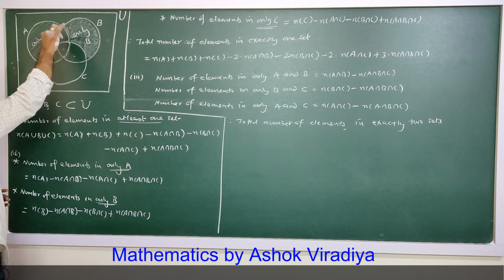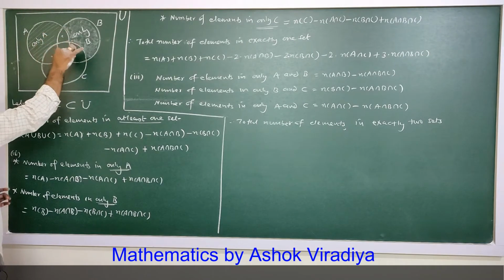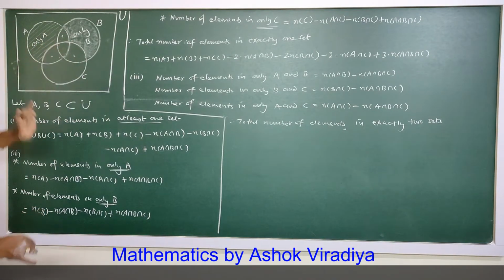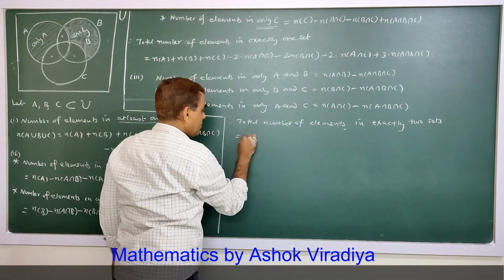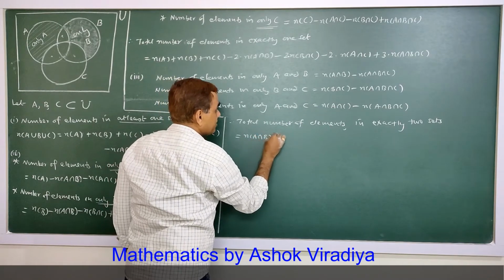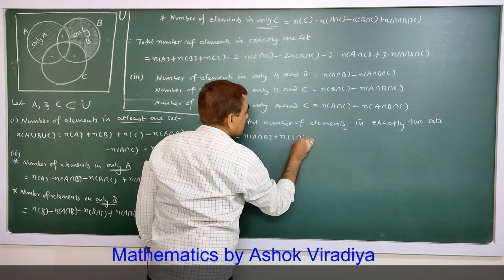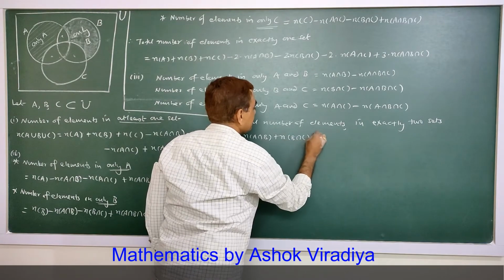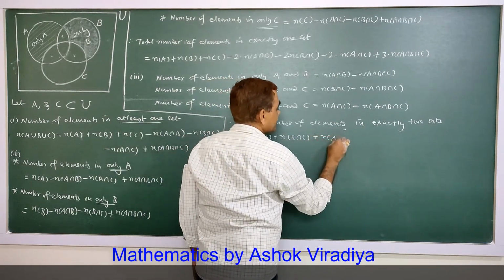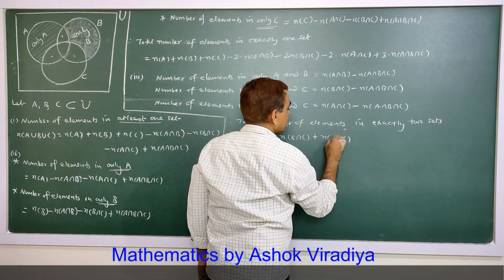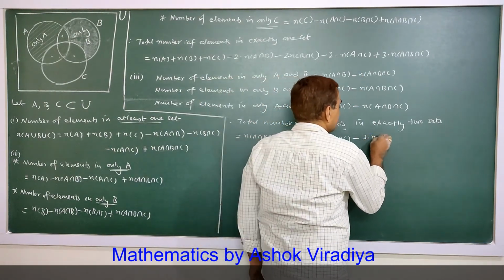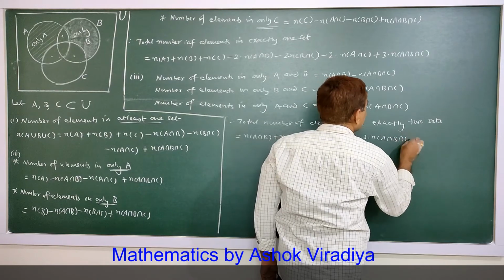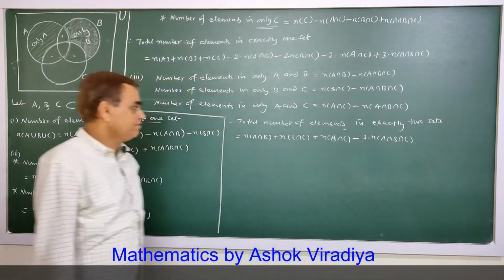So these are the regions containing exactly two sets except this center. So that is sum of these three numbers. So it is equal to number of elements in A intersection B, B intersection C, A intersection C, minus 3 times n of A intersection B intersection C.